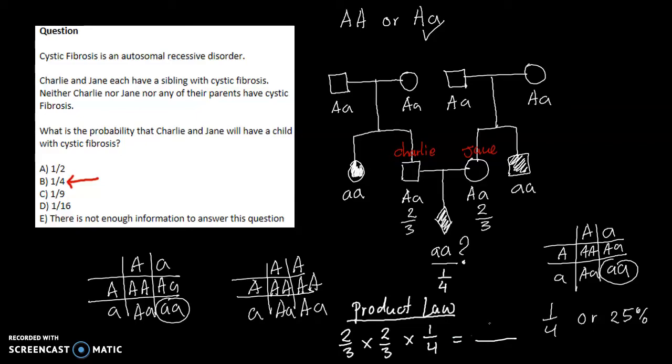When we do the math, we will get 4 over 36, which can be reduced to 1 over 9. And that's the final and correct answer to the question.